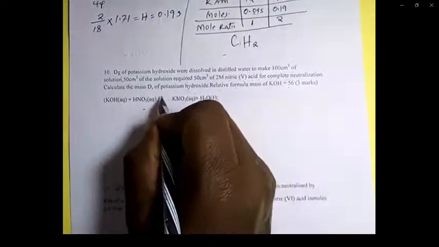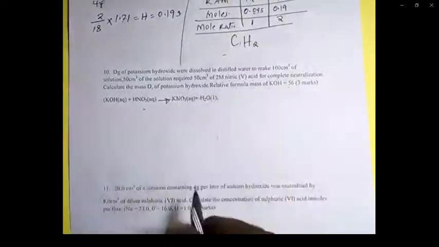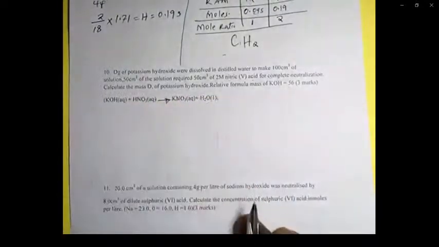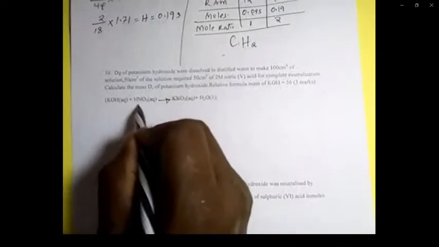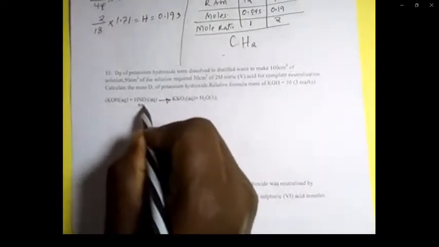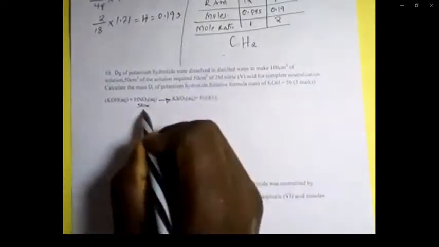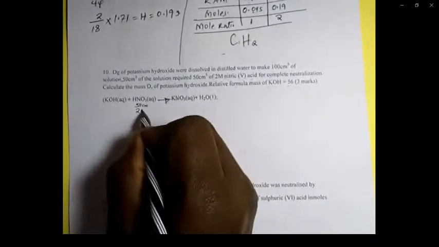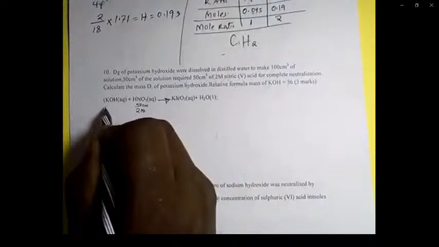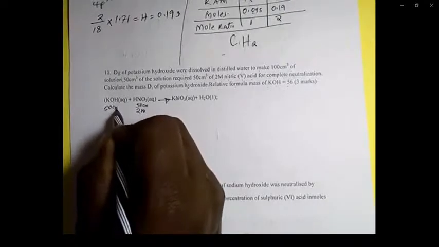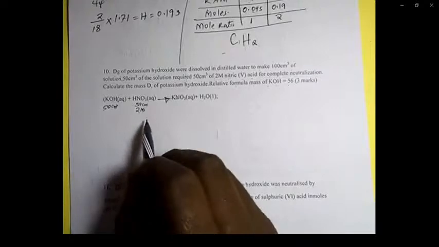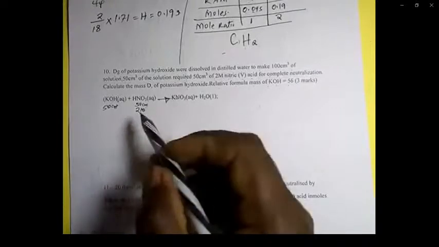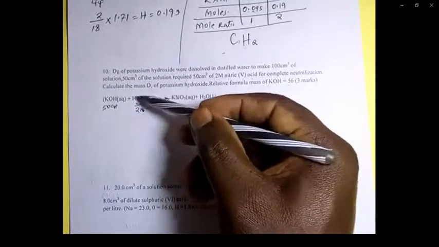So we have an equation here. The good thing is that you have made our work easier by writing the equation for us. So we know that 50 centimeters cube of nitric acid, which has a molarity of 2, required 50 centimeters cube of potassium hydroxide for complete neutralization. Since we have the molarity and the volume of the nitric acid, this is where we begin.